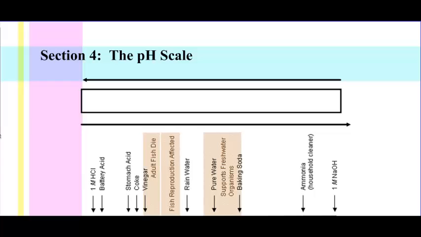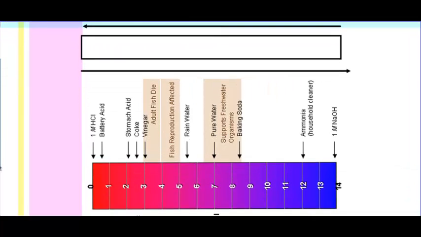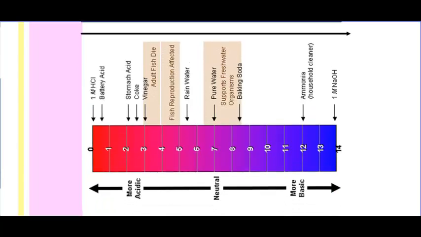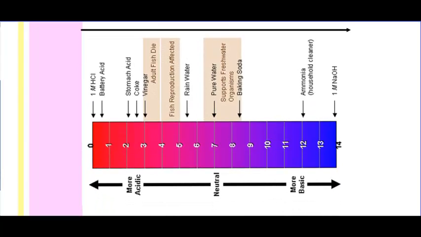As we talked about, the pH scale is a measure of solution acidity or basicity, however you say that. But the idea is that 7 on the pH scale represents a neutral solution. And the lower you go, the more acidic you become. When you become more acidic, you have more hydrogen ions.